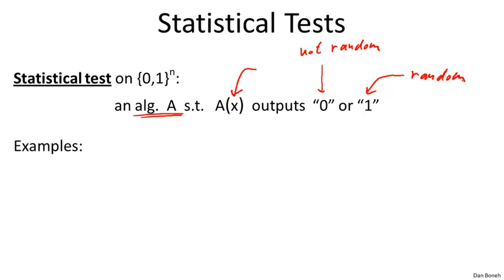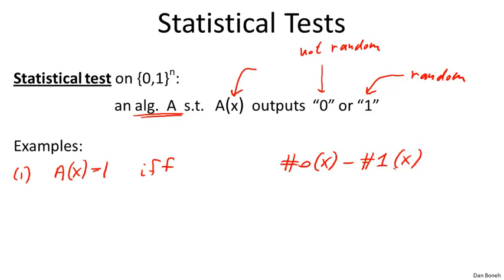Let's look at a couple of examples. The first example will use the fact that for a random string, the number of zeros is roughly equal to the number of ones in that string. In other words, the statistical test is going to say 1 if and only if the number of zeros in the given string x minus the number of ones in x, these two numbers are not too far apart.